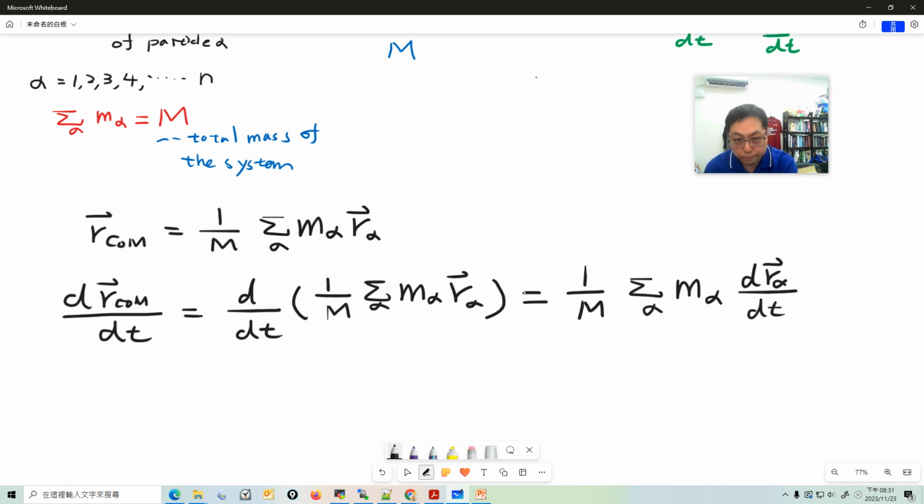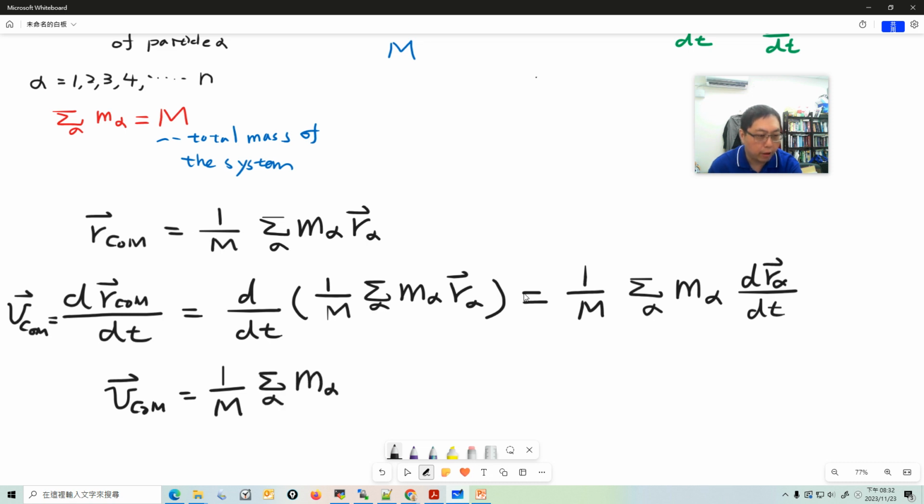Since dr_alpha/dt is equal to the velocity vector of each particle, we reach this conclusion. Sorry, I should write V_COM here. V_COM is equal to 1 over M times the summation over alpha of m_alpha v_alpha.